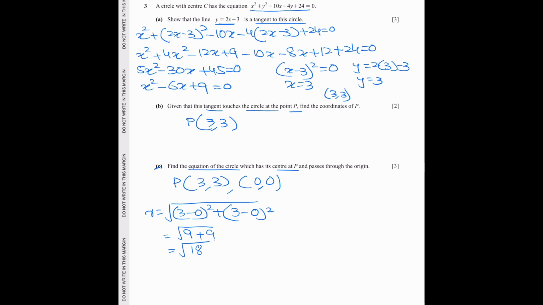Now equation of circle, center you have 3, 3, so x minus 3 whole square plus y minus 3 whole square equal to 18. So this is our required answer.